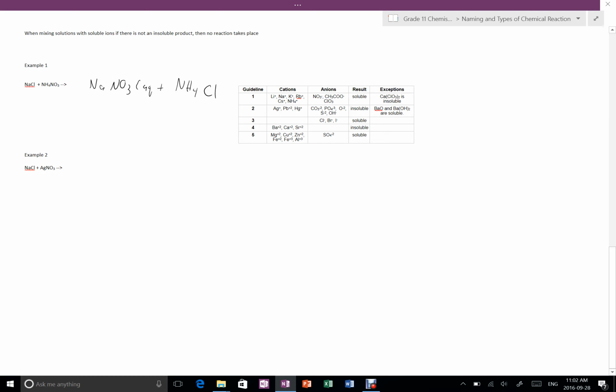Ammonium is right here, and chlorine, so this is very soluble as well. And so what does that mean? Well, I mix these things, but neither of the new products is any more insoluble than the initial things. So really what's going on here is an example of when all of these things are staying as ions in solution. And so effectively, there's no reaction here. Nobody's combining or forming something new.